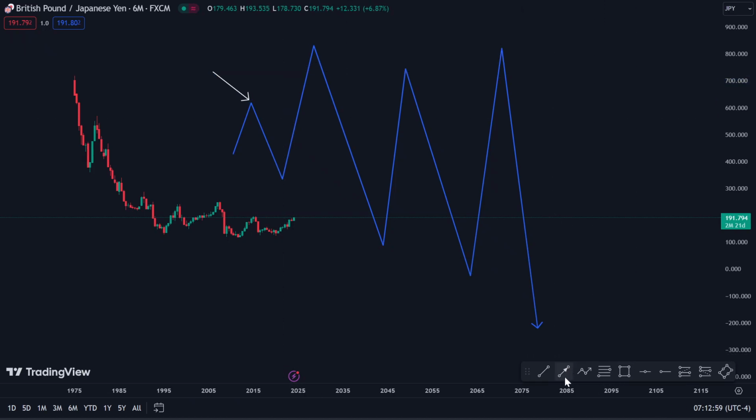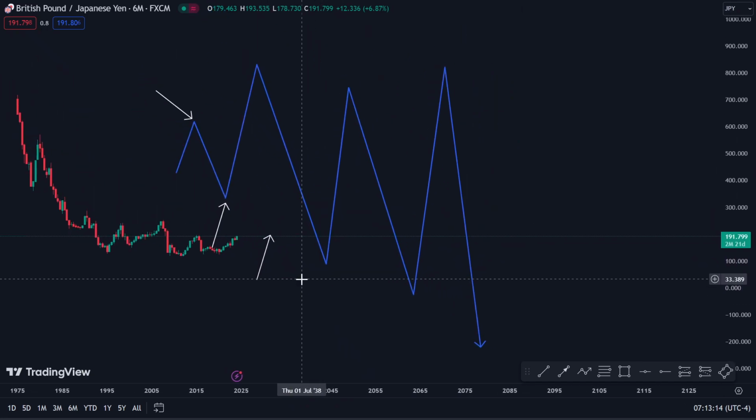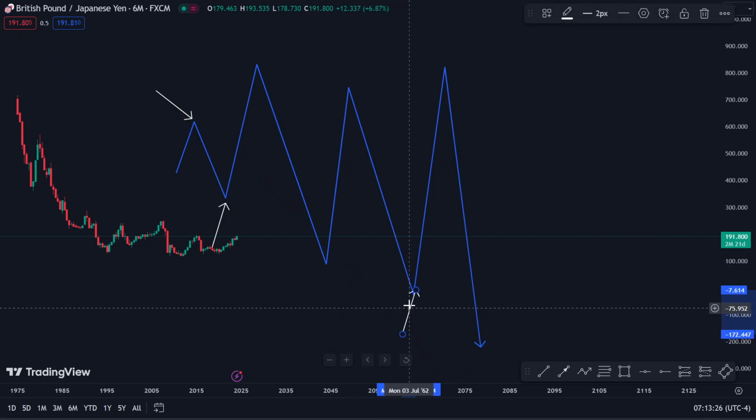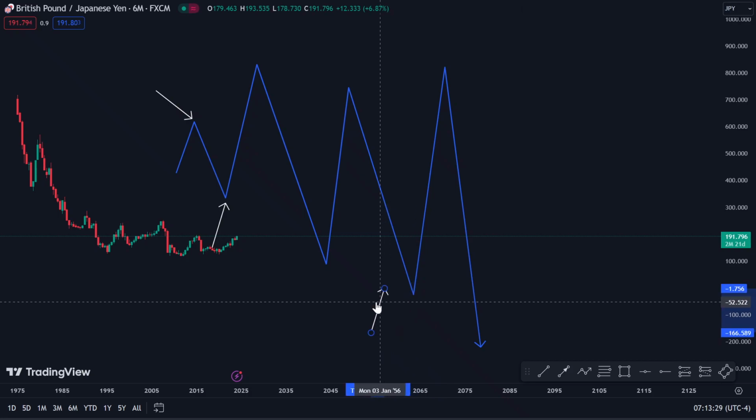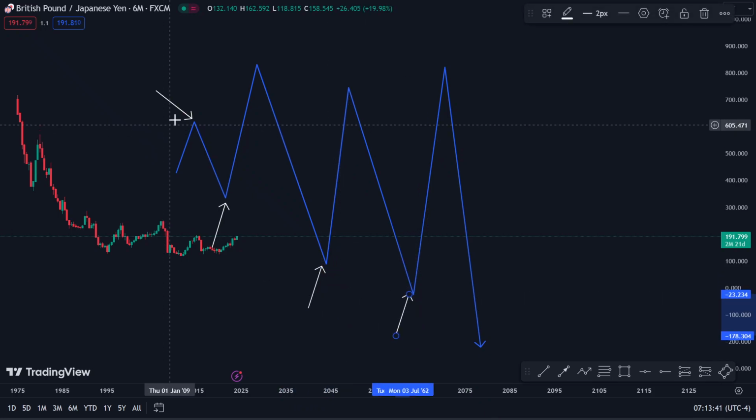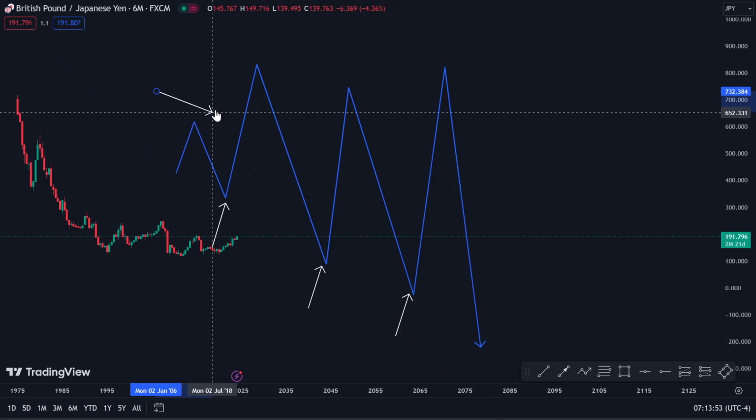We have a swing point there, a swing point over here, and another swing point over here.